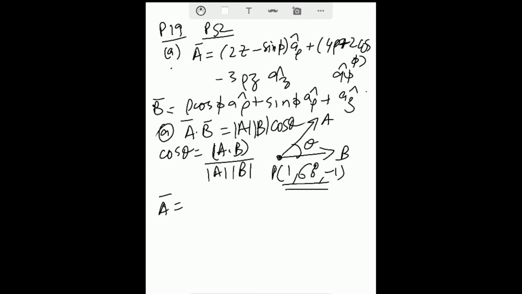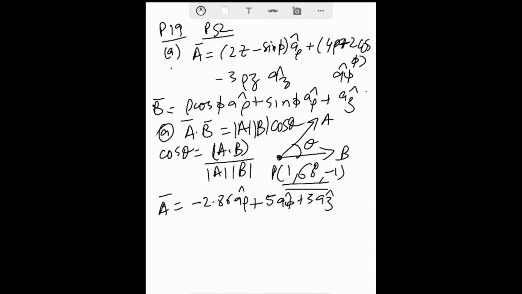So if I put this value, this comes out to be minus 2.86 a rho plus 5 a phi and 3 az.